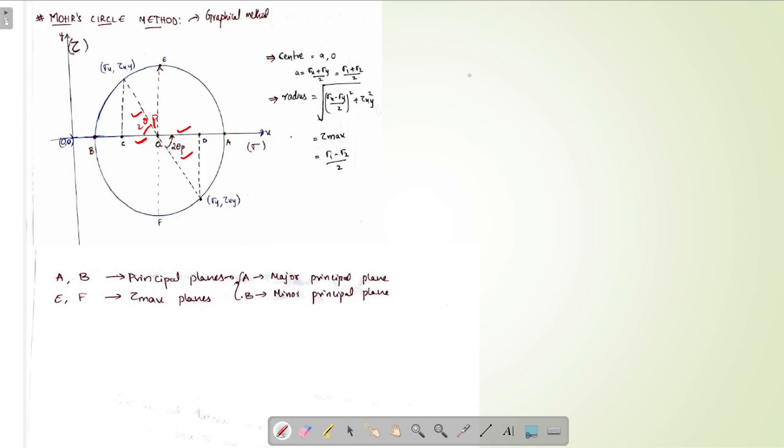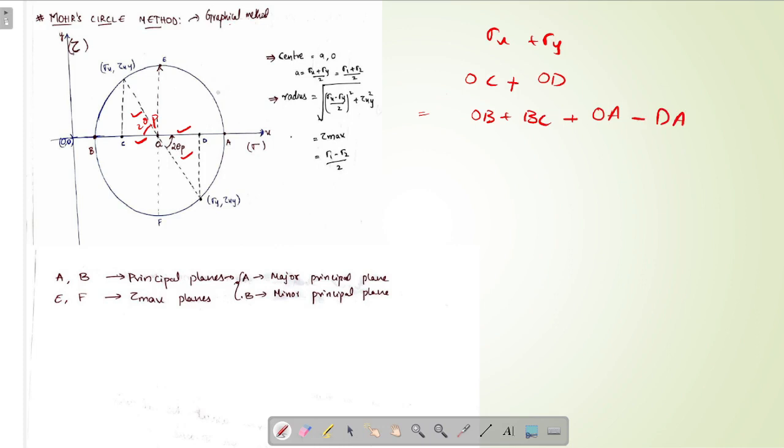If we write OC plus OD, that is sigma x plus sigma y. OC we can write as OB plus BC. OD we can write as OA minus DA.